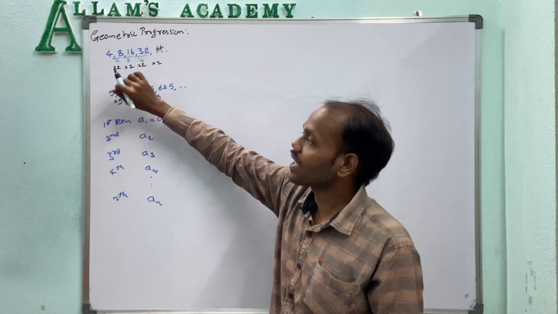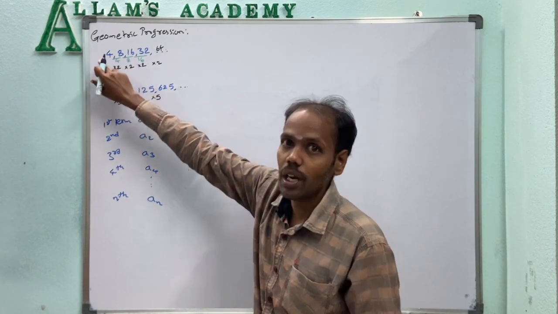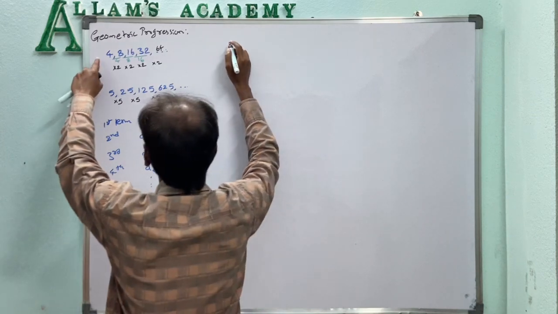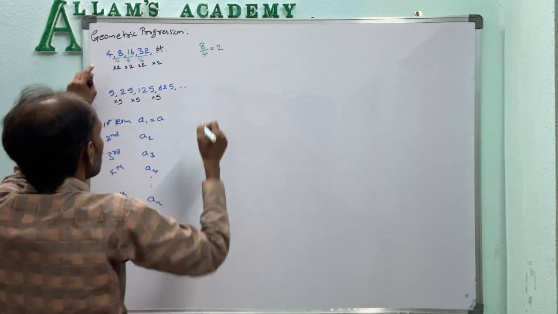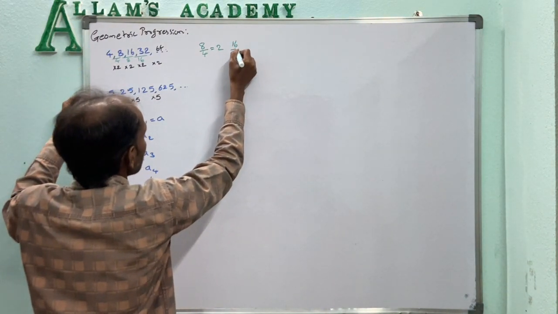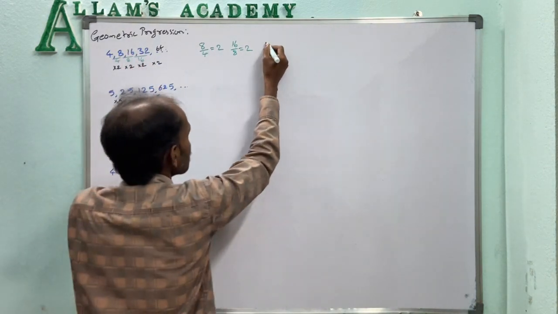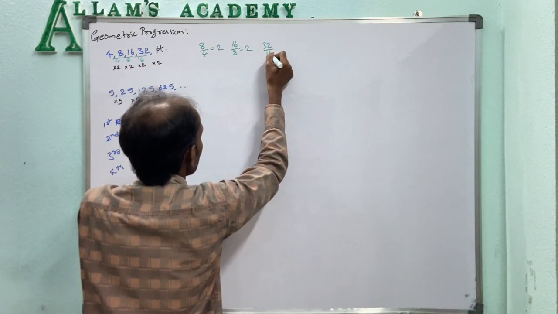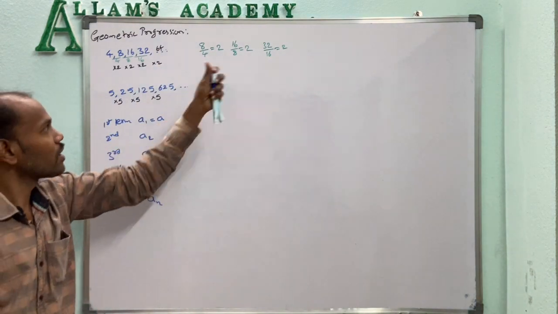How do we get that multiplied number? If we divide 8 by 4, we get 2. Same way, 16 divided by 8 gives 2, and 32 divided by 16 also gives the same fixed number, 2.